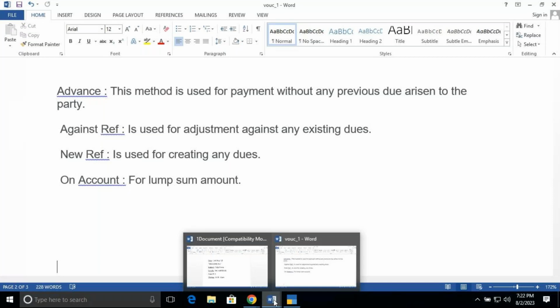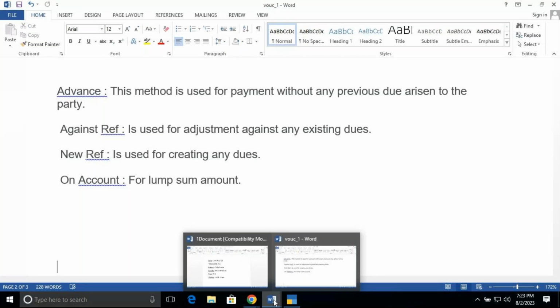Let us say some 40 lakhs is pending to Alpha Traders. We owe him 40 lakhs for the assets he has delivered. So there are 4 pending bills amounting to 40 lakhs. Now in our business, suddenly we have excess money. Unexpectedly we have surplus cash.